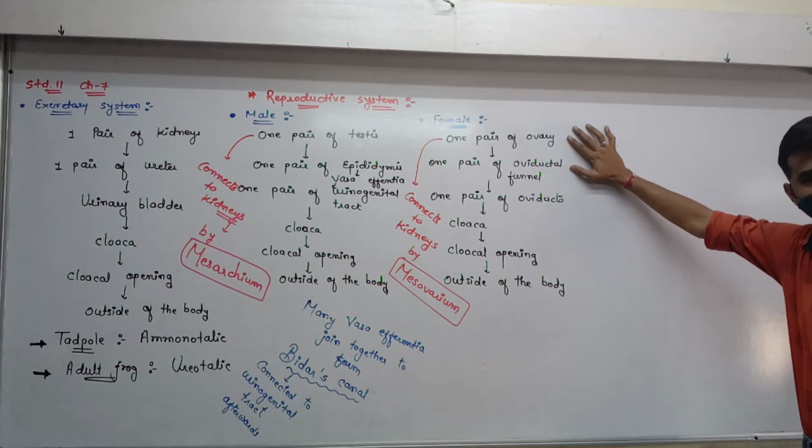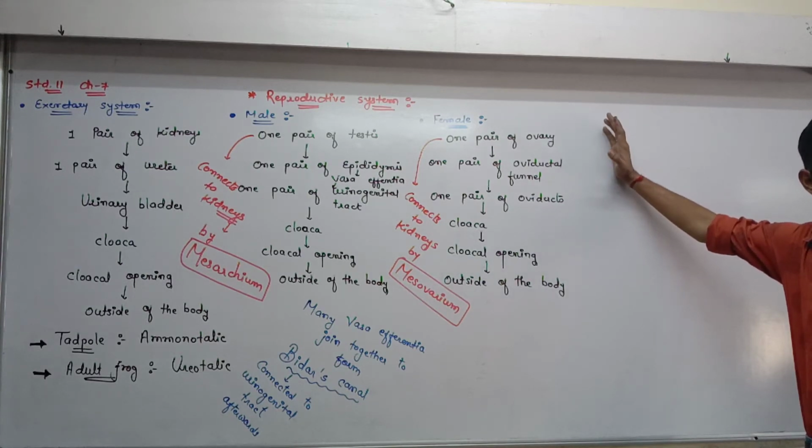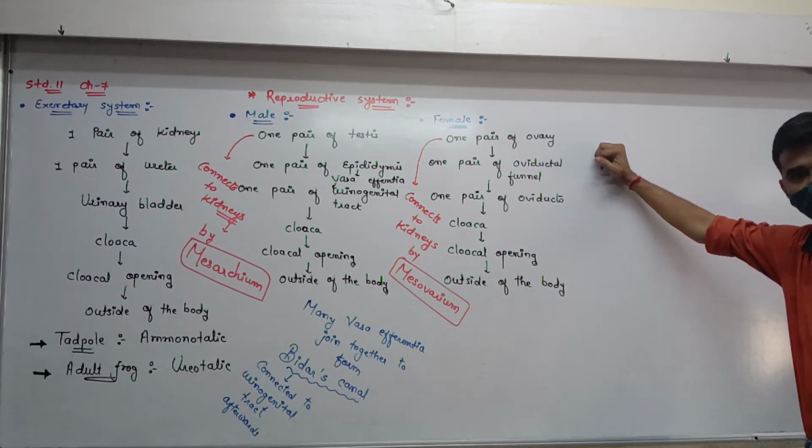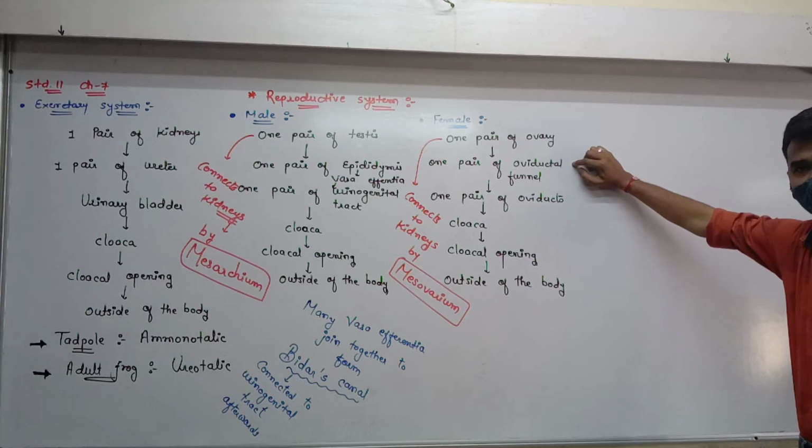Actually the ovary releases the ova into the abdominal cavity, and that's why at the time of copulation the abdominal cavity is broad and large. Afterwards, the ova enter the oviductal funnel.